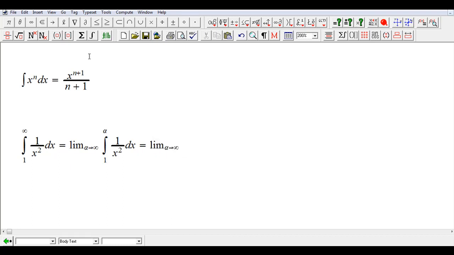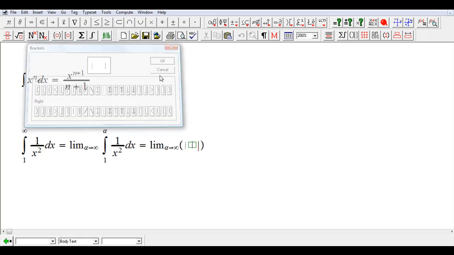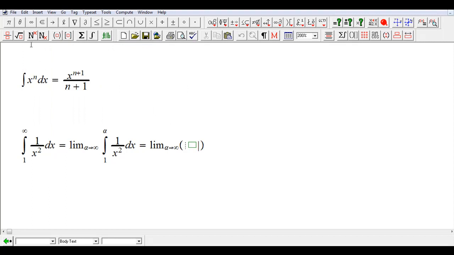So if I went like that, it's x to the negative 2, so that will be negative 2 plus 1 over negative 2 plus 1, evaluated from 1 to alpha. What's downstairs? Negative 1, right?